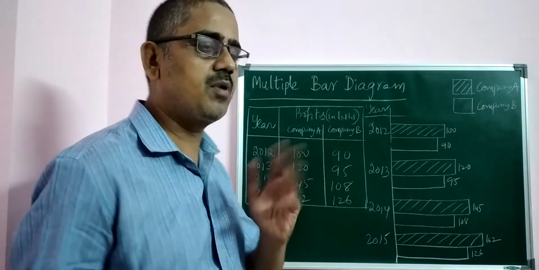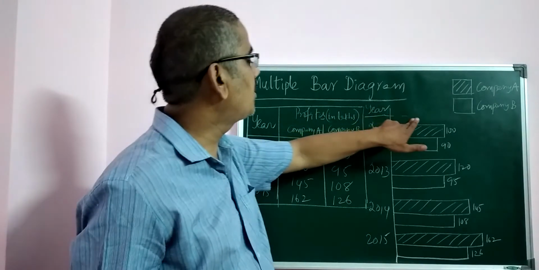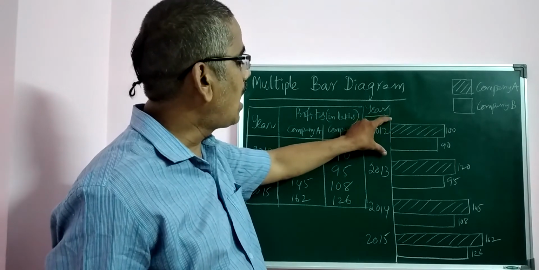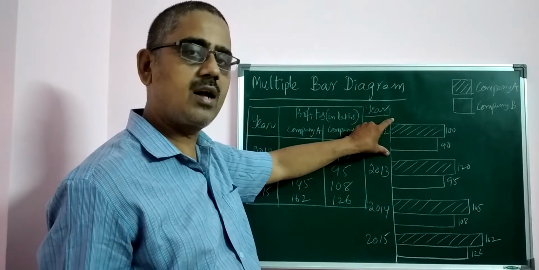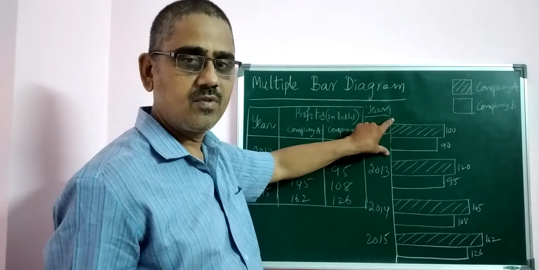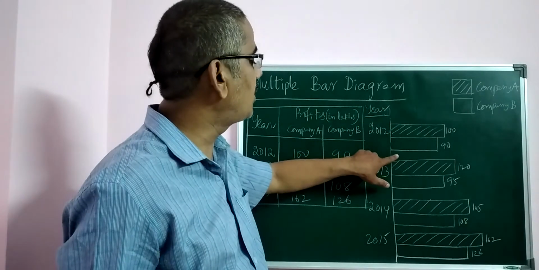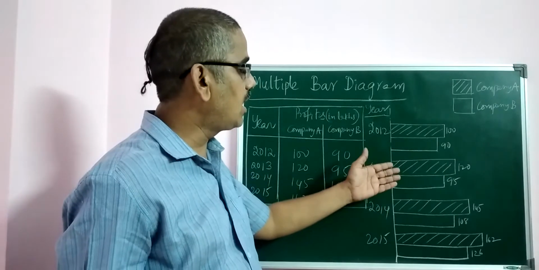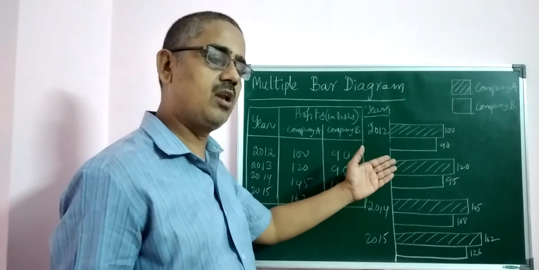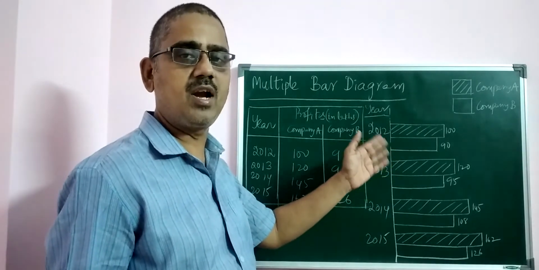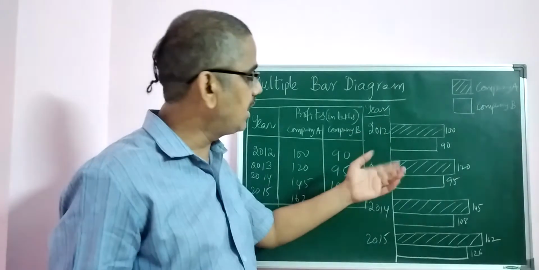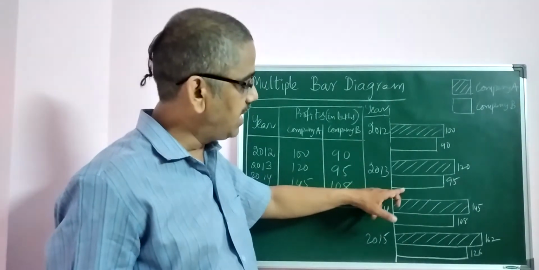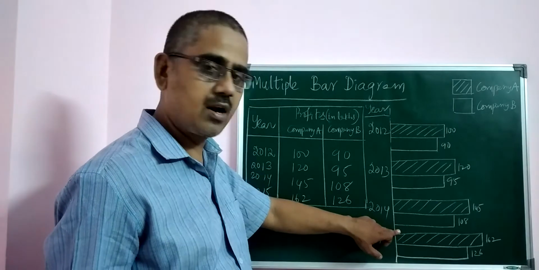In representing this bar diagram, I continuously draw two adjacent bars for a year, one bar for one company and another for the other company, then leave a gap, and again draw two bars for the next time period.